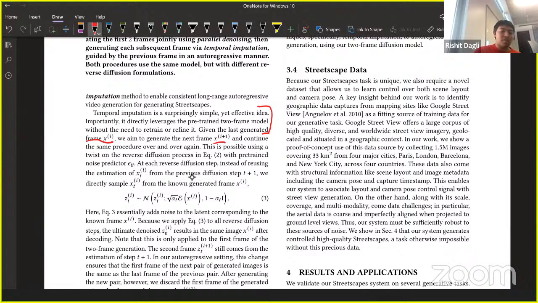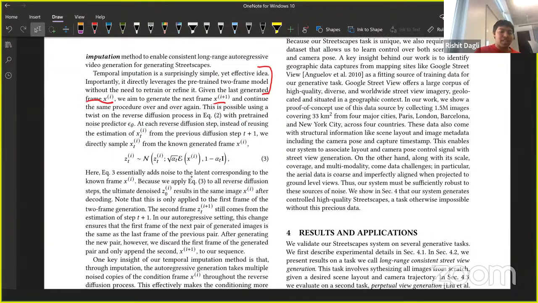Essentially, whenever you are generating the next frame, you don't reuse the noisy estimation of xt from the previous diffusion timestamp, and instead you just take the noisy estimate from the known frame.